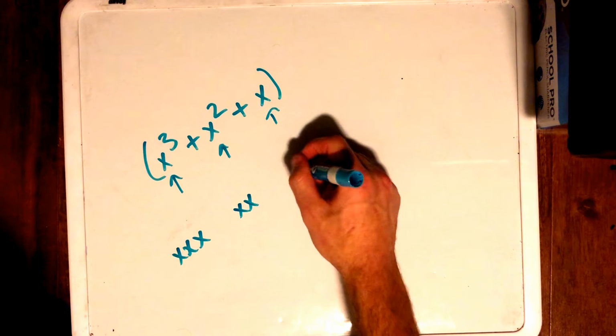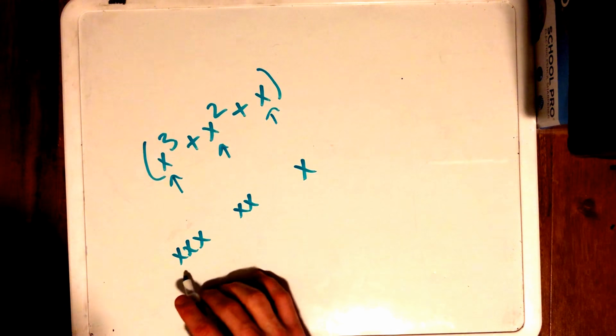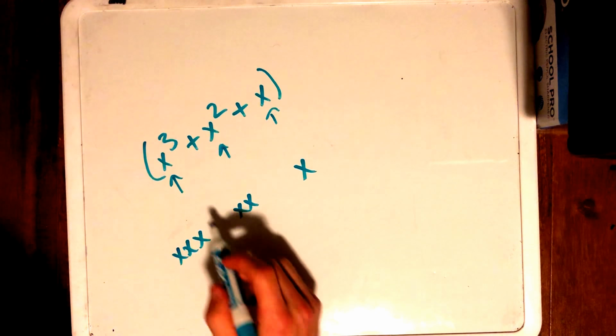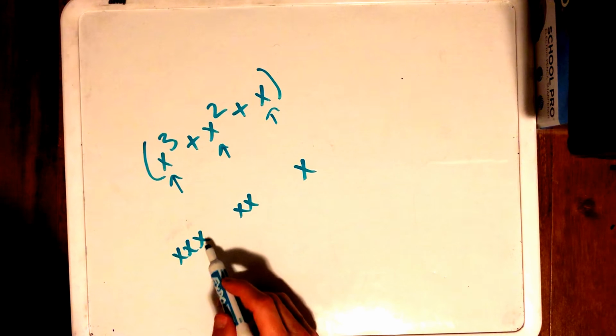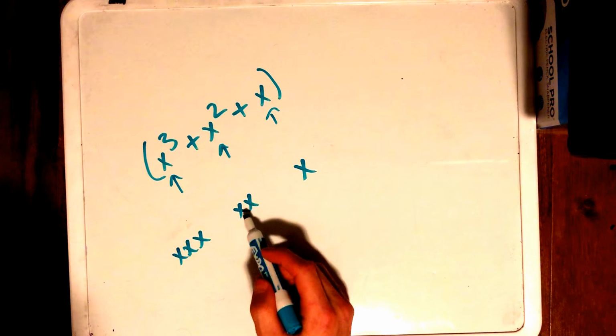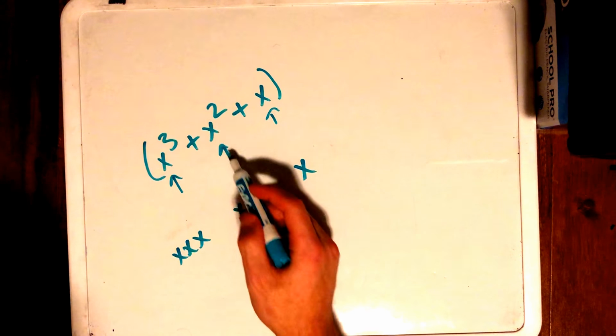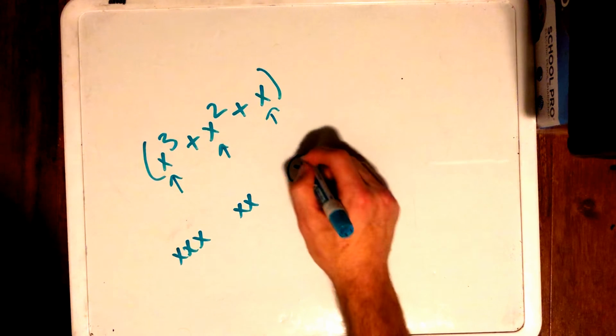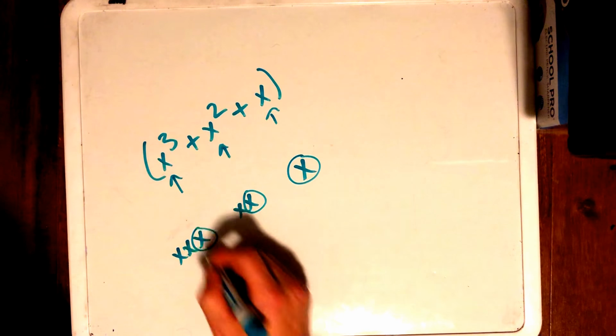And then our x term is just x over here. So I don't have to do any math to know that these have something in common. So it's really easy to say, oh wow, each of these share a single x.